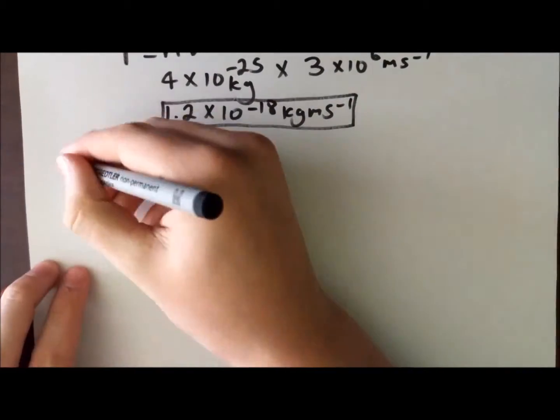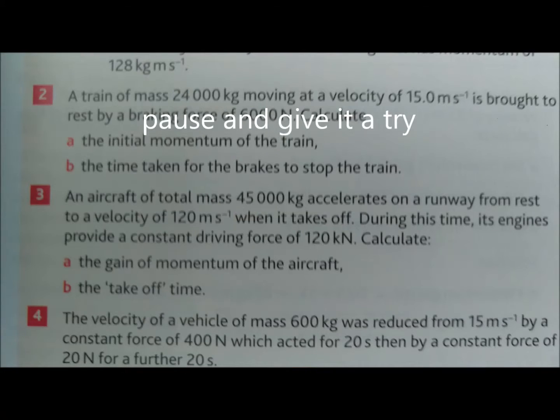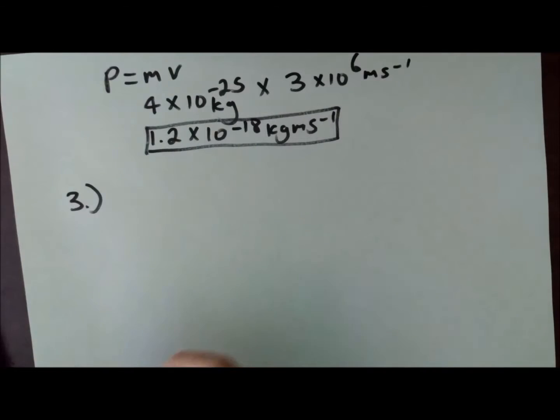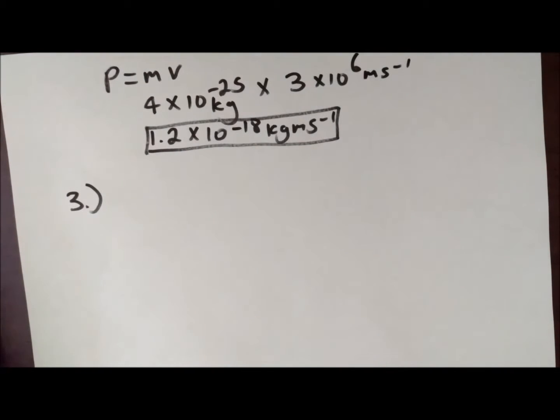Okay, let's do question 3. An aircraft of total mass 45,000 kilograms accelerates on a runway from rest to a velocity of 120 meters per second when it takes off. During this time, its engines provide a constant driving force of 120 kilonewtons.